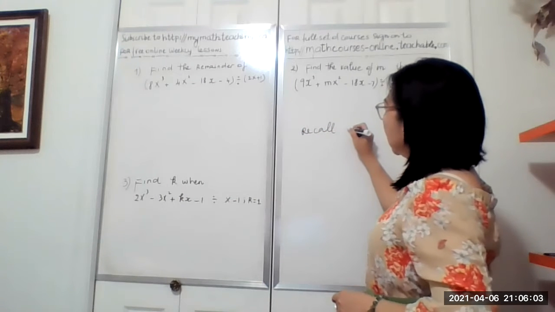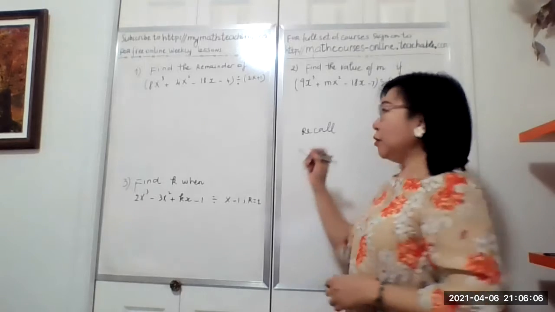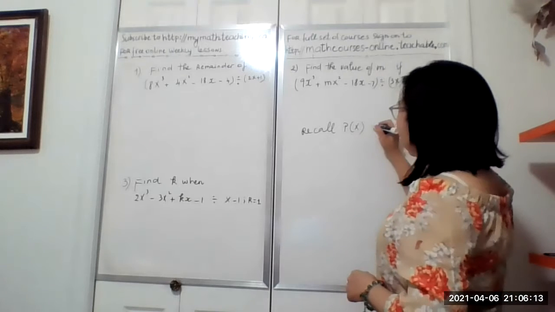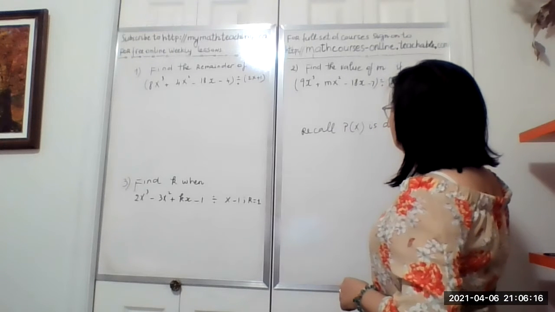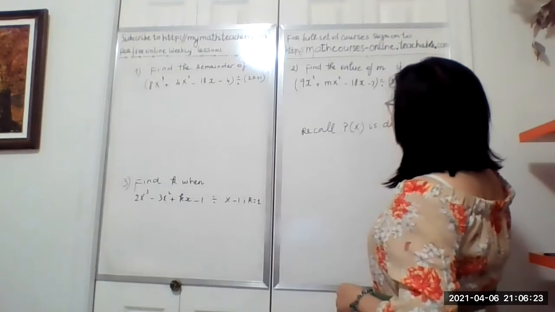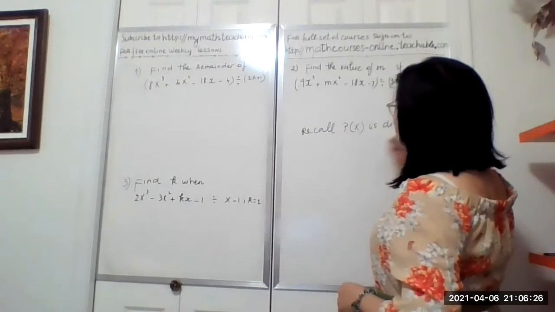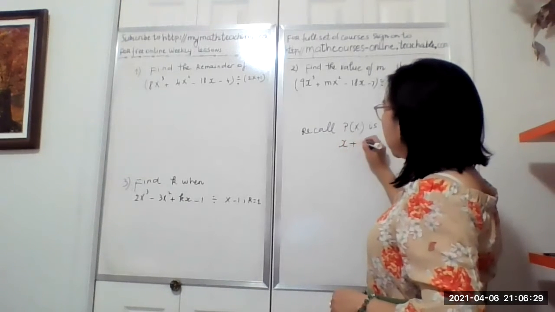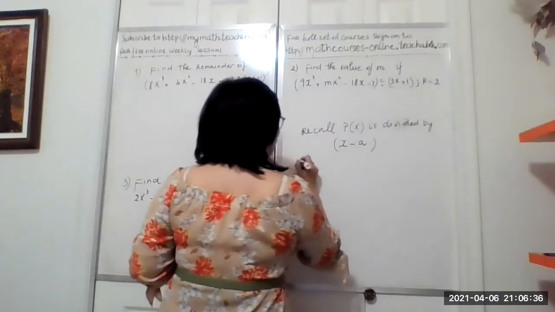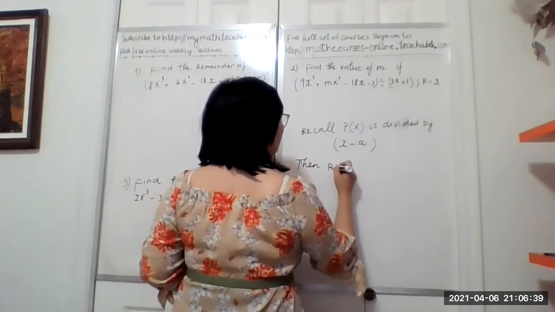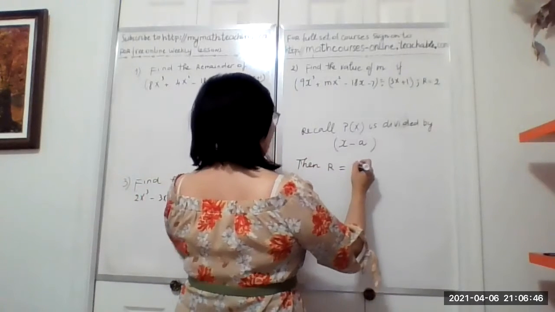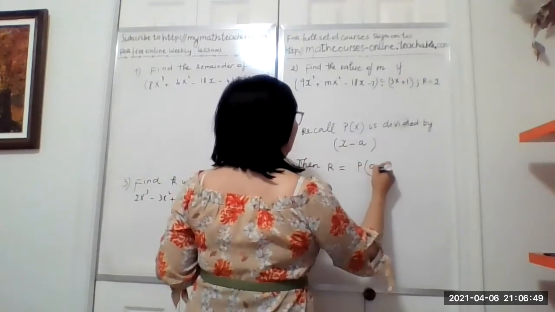Recall that when the polynomial p of x is divided by x plus a, and maybe let's put x minus a, then the remainder, r, will be equal to p of a.